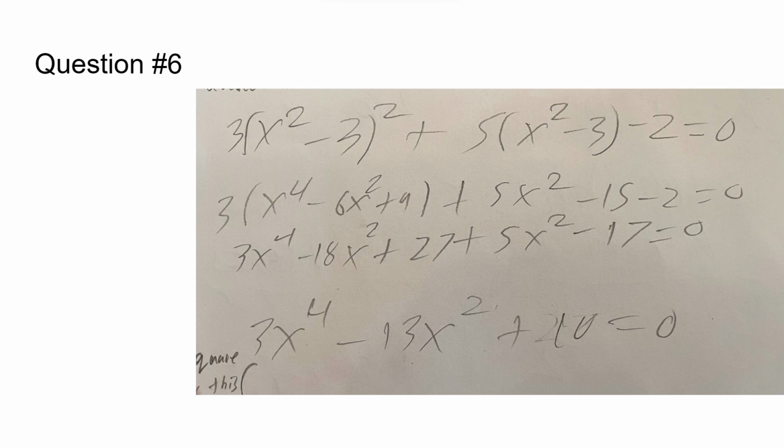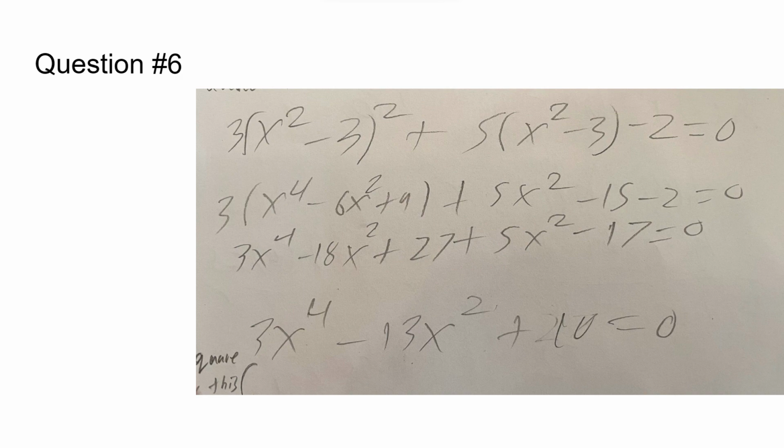So that gives us x to the fourth power minus 6x squared plus 9, and then all that in parentheses times 3. And then on the other side of the equation, we can distribute 5 into that set of x squared minus 3, giving us 5x squared minus 15, and then minus 2 equals 0.